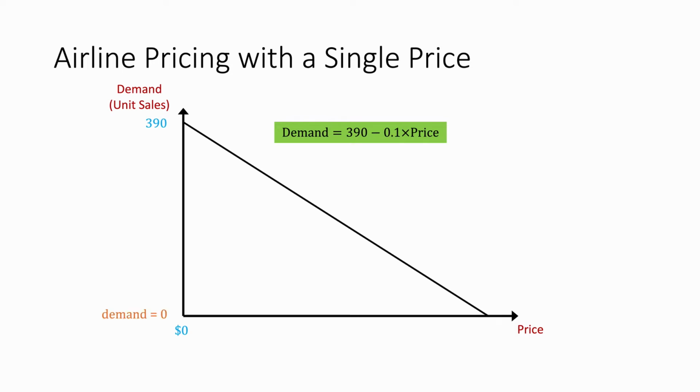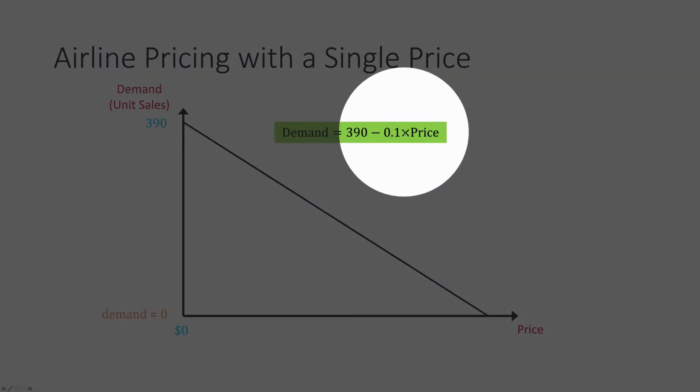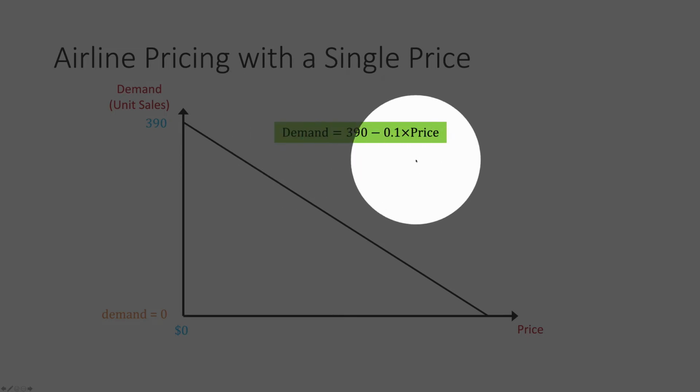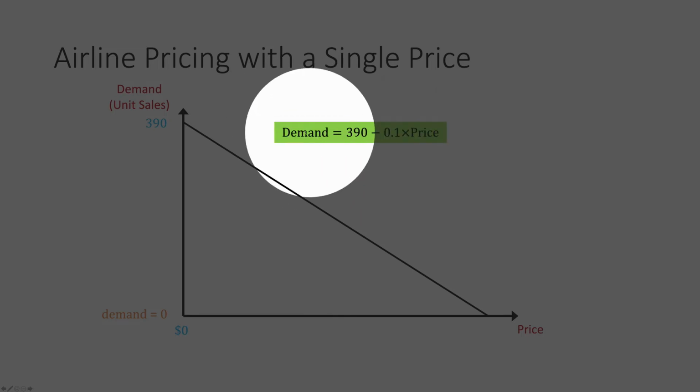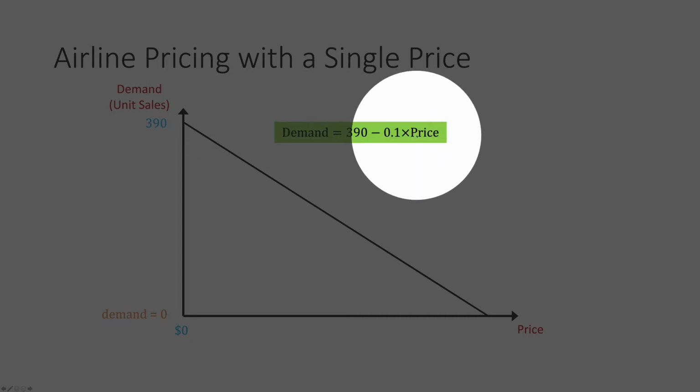Next, let's look at the other extreme when demand is 0. So when demand is 0, at what price level do we observe a zero demand? Again, we go back to the demand function. Demand equals 390 minus 0.1 times price. If demand equals 0, what is the price point? If the left-hand side of the equation is 0, in order for 390 minus 0.1 times price to become 0, price should be 3,900.